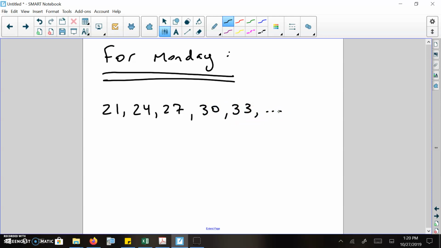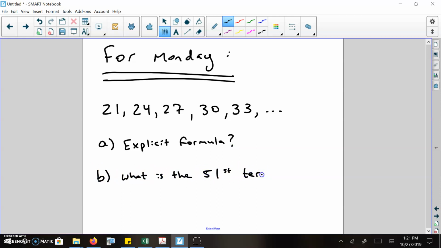So there's your sequence. I want to know what's the explicit formula for this sequence, and also, what is the 51st term for this sequence?